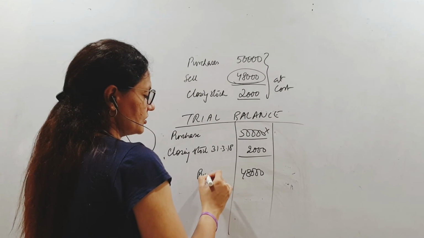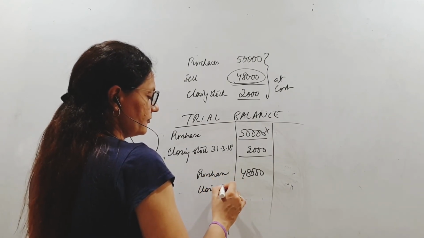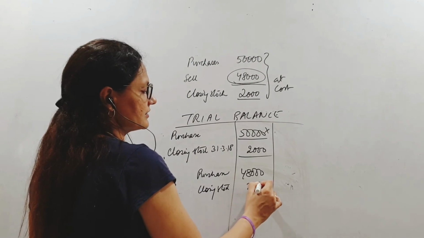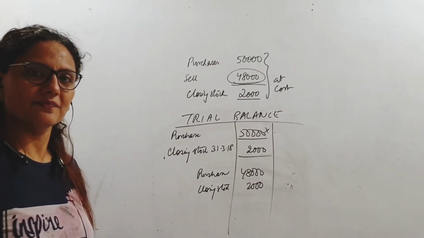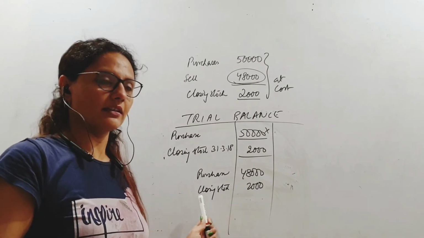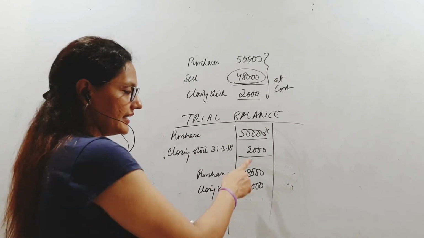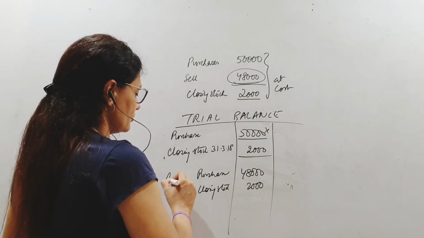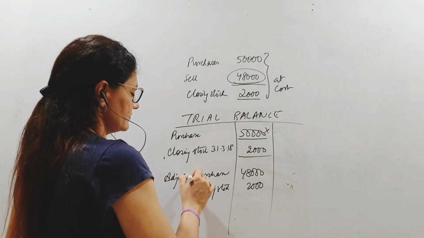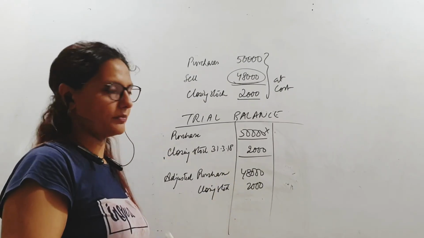Actually, it is 48,000 of purchase, and then from there we are getting this closing stock. Therefore, if it has not been subtracted, can I take closing stock in the trial balance? I cannot. Either I have done this, which is called adjusted purchase. Adjusted purchase meaning closing stock has been subtracted from it.